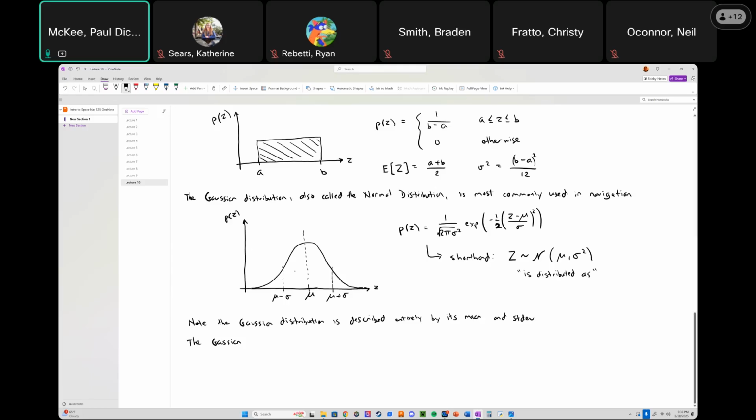But thank you. So the Gaussian PDF is commonly used for a few reasons. First is that it is easy to define. So it's got 2 parameters.